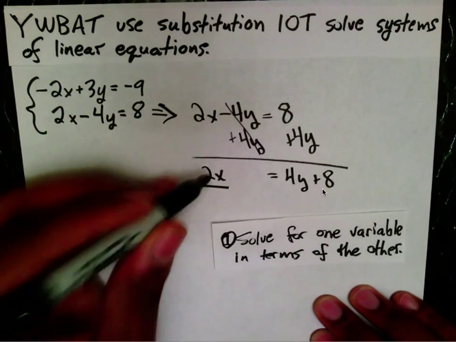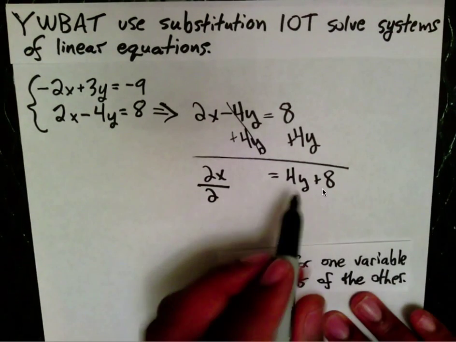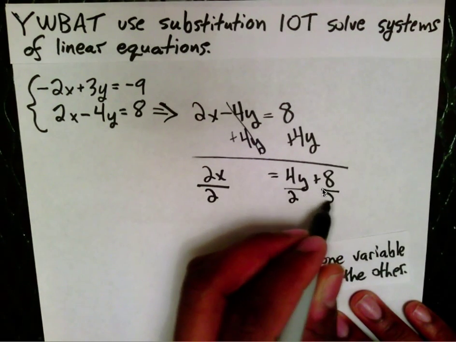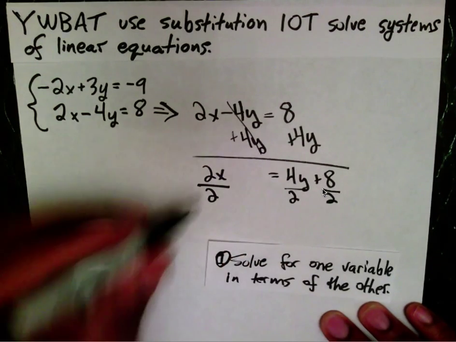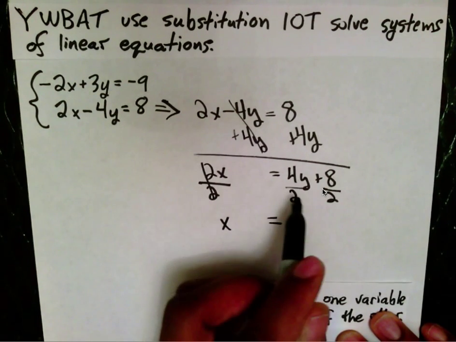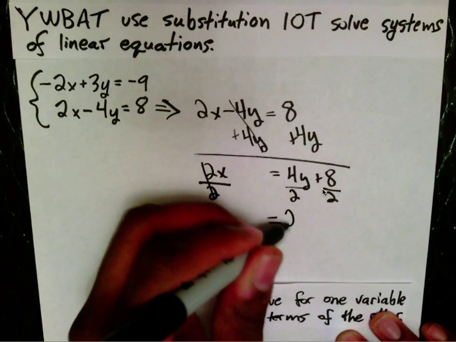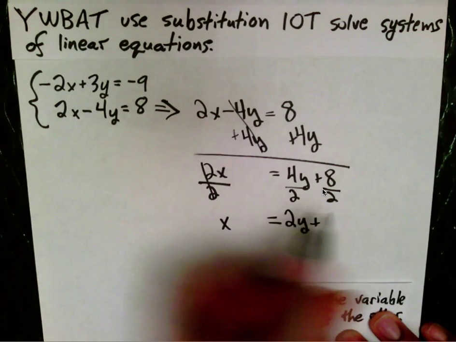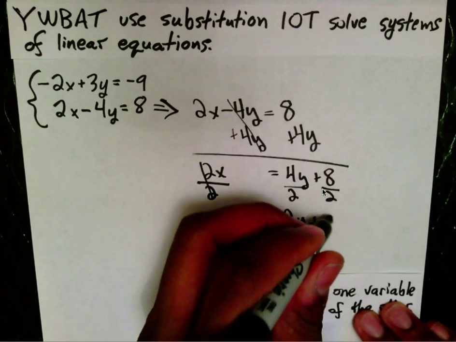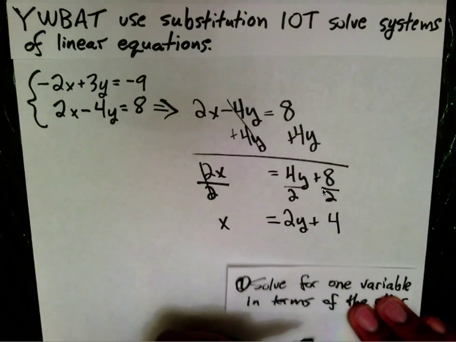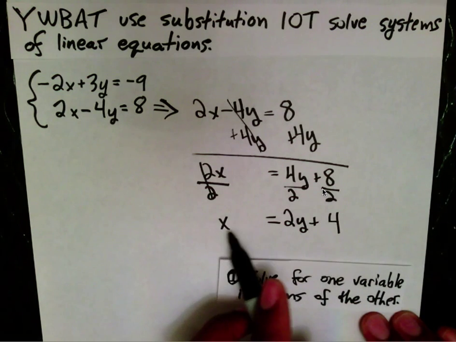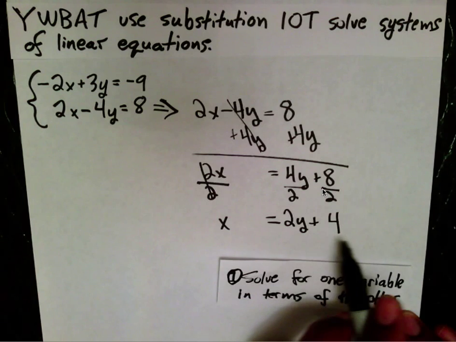Divide that by 2, divide my 4y by 2, divide my 8 by 2. And I am left with x equals 2y plus 4. And see what I did here? I solved for x in terms of y.